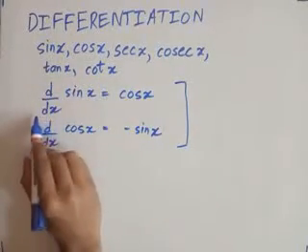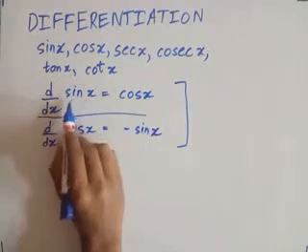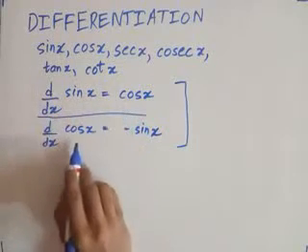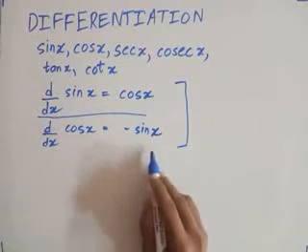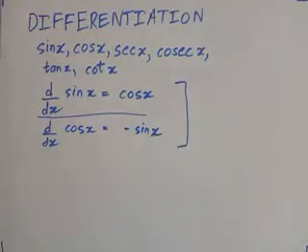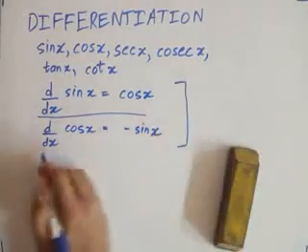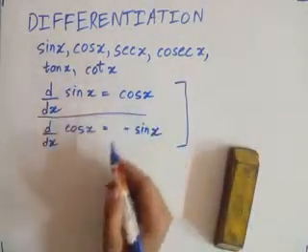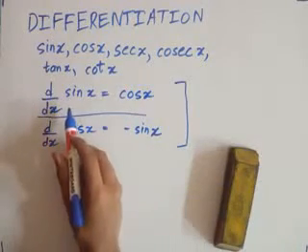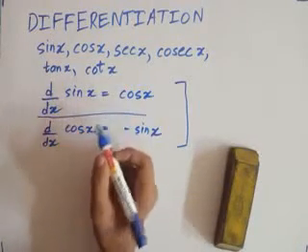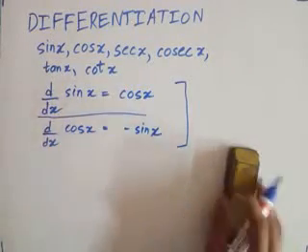So this can be remembered very easily because the derivative of sine x is cos x, the derivative of cos x is minus sine x. So I won't be deriving these, maybe I'll do that in a future video, but I will use these two simple facts to derive all the others. So keep in mind that the derivative of sine x is cos of x and the derivative of cos of x is minus sine of x.